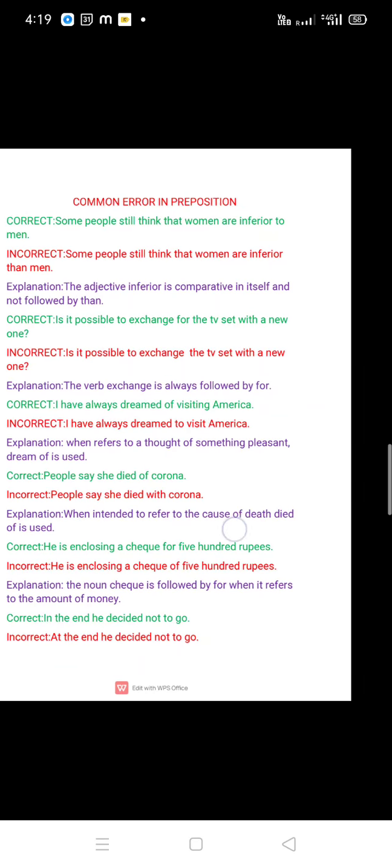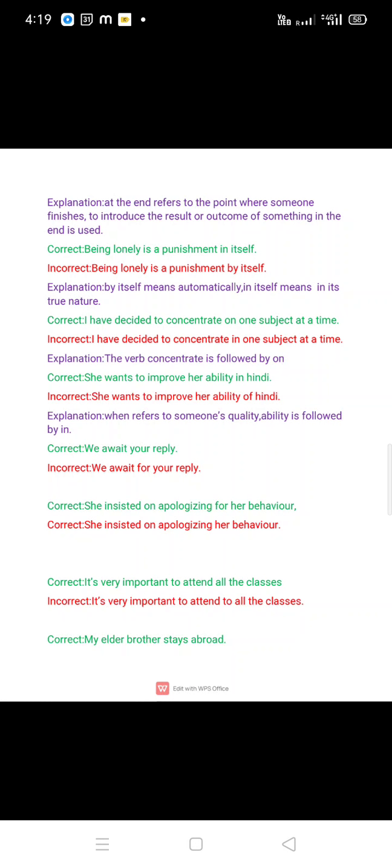And what is the explanation? You can see here, at the end refers to the point where someone finishes. To introduce the result or outcome of something, in the end is used.